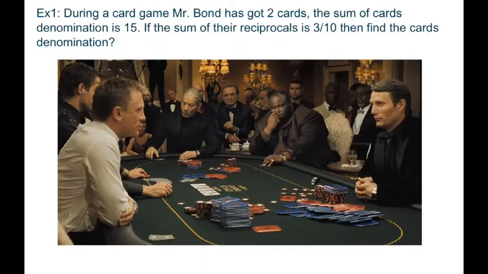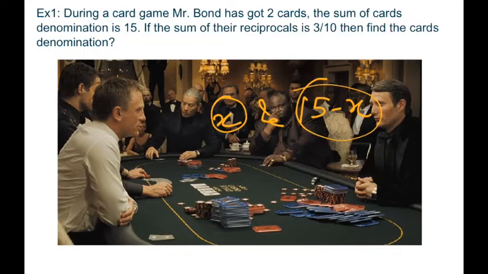So let the cards' denomination be x and 15 minus x, right? Now the condition is the sum of the cards' denomination is 15, and the sum of their reciprocals is 3 by 10. Let's use this condition. By the way, here are the 2 cards.